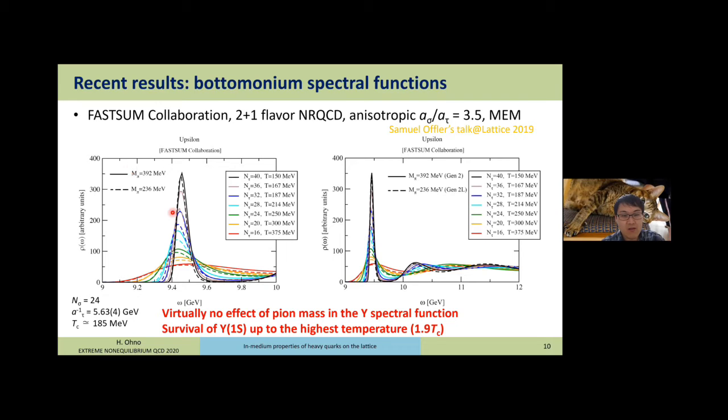They also conclude that the epsilon 1S channel may survive up to the highest temperature, which is 1.9 Tc.